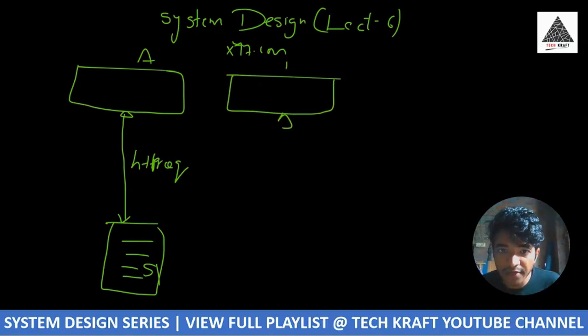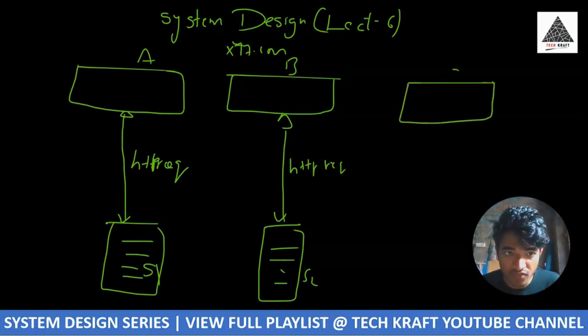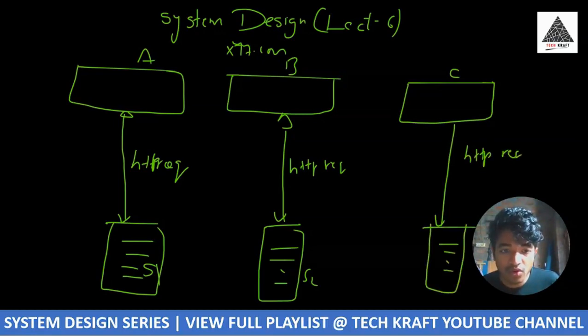If client B is also sending an HTTP request to server 2, now server 2 has the session data, like his credentials, of client B. Let's say we have another client, client C, sending an HTTP request to server 3.